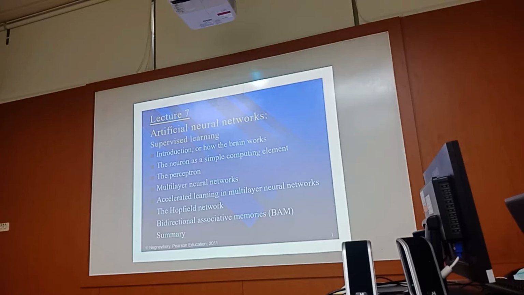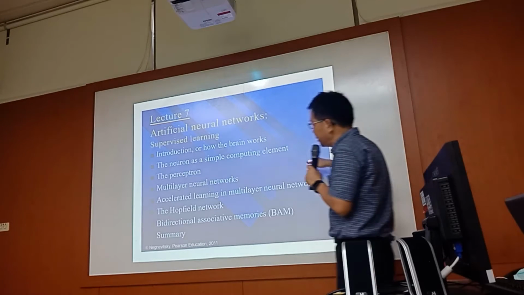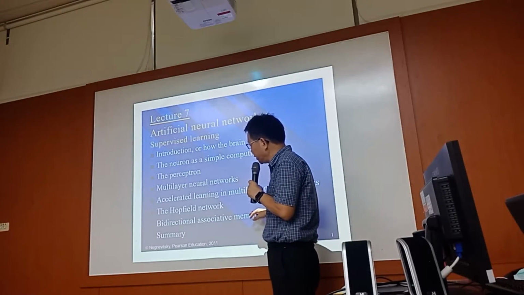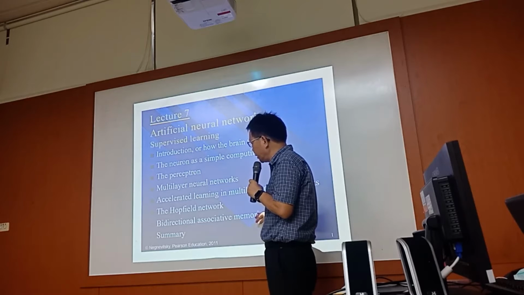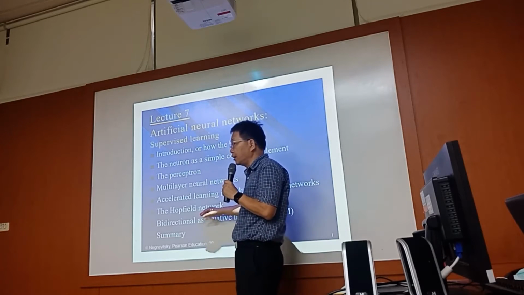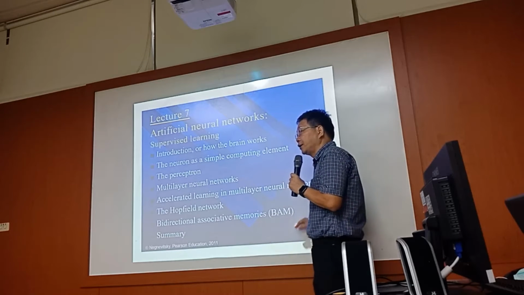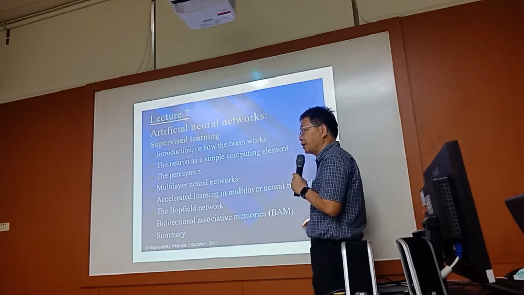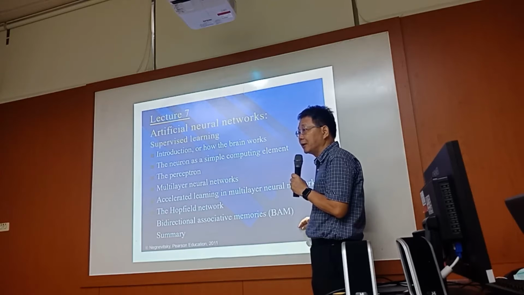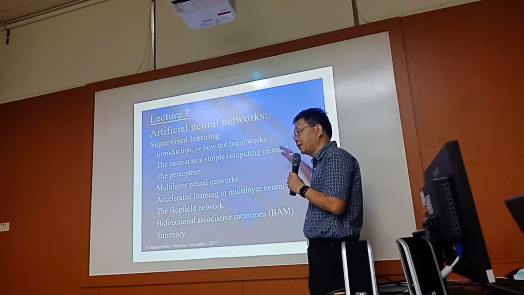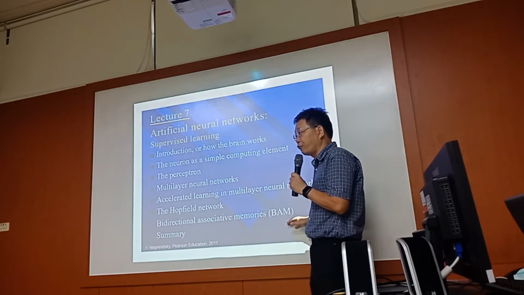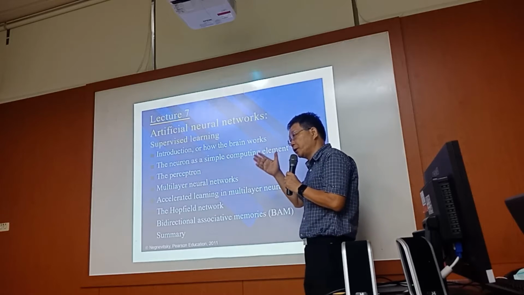Now, as we know, there are many different kinds of neural networks, like the whole field, like the brain. In fact, in 1980, many different kinds of neural networks were proposed during that period.